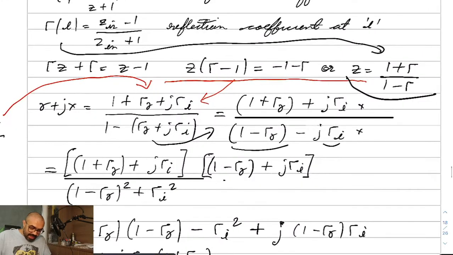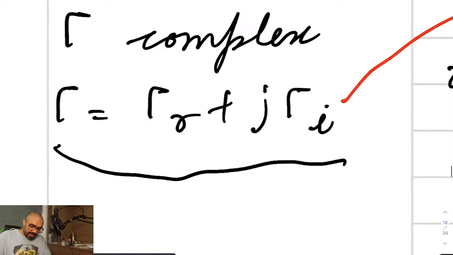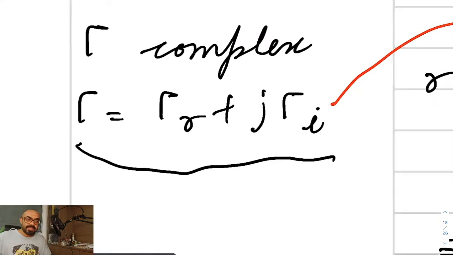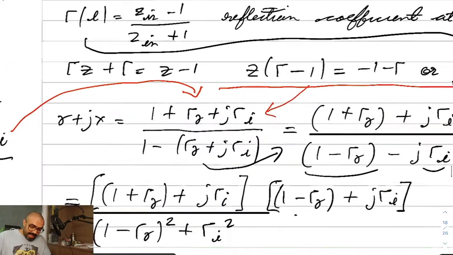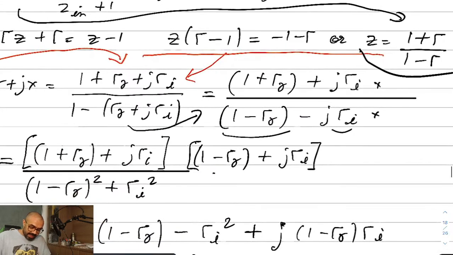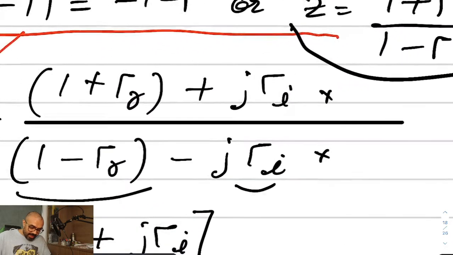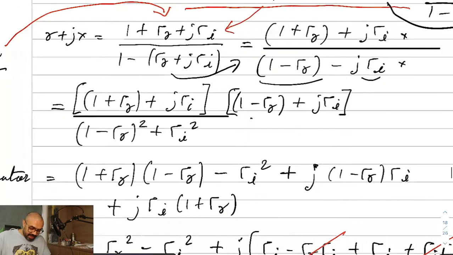Gamma is a complex number, so I'm going to replace gamma with a real part gamma r plus j gamma i, and expand out z as r plus jx, and I'm going to proceed with the simplification of this by making the denominator into a real number by multiplying with certain factors.